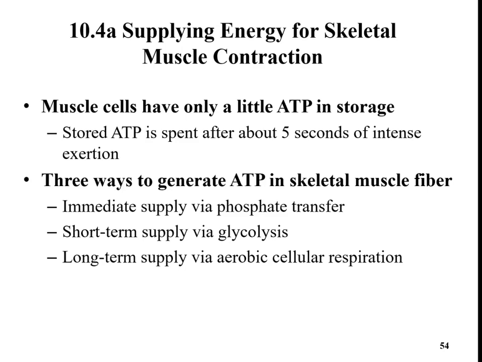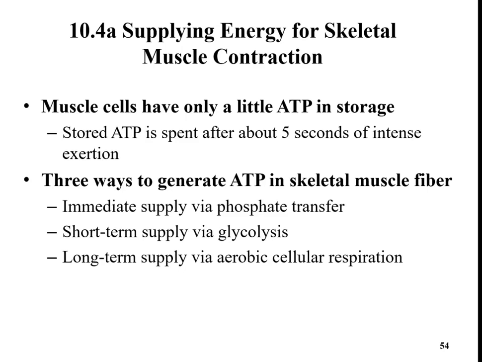Go back and review this. If this sounds all foreign to you, that's going to be a problem. You need to refresh your memory on this. You don't need to know every single independent step at this point, but you need to be familiar with the big picture of glycolysis versus aerobic cellular respiration.